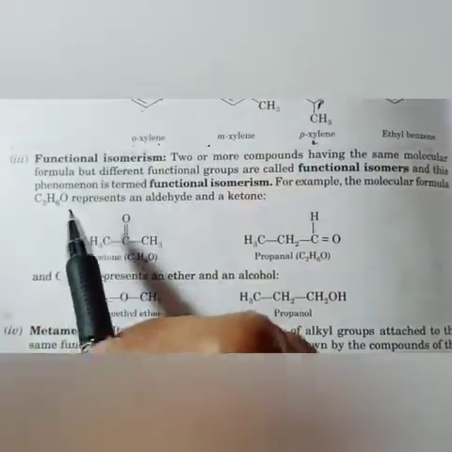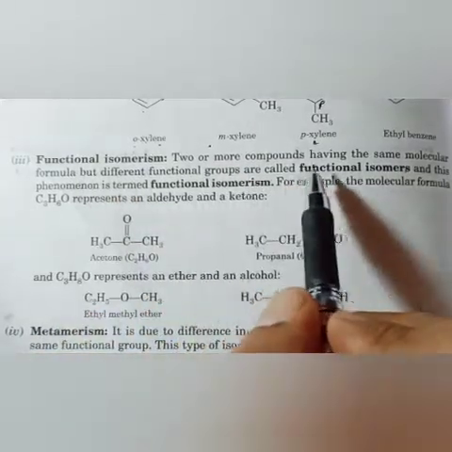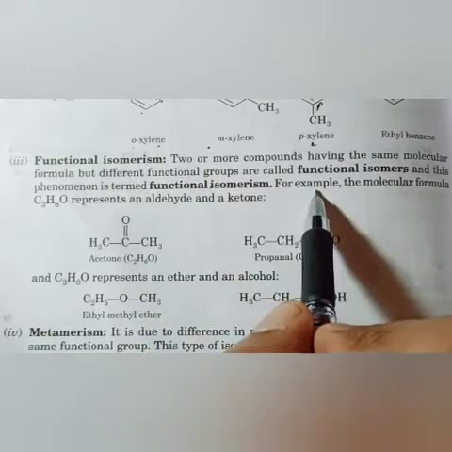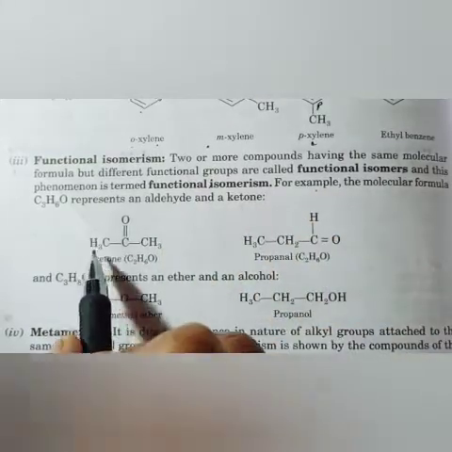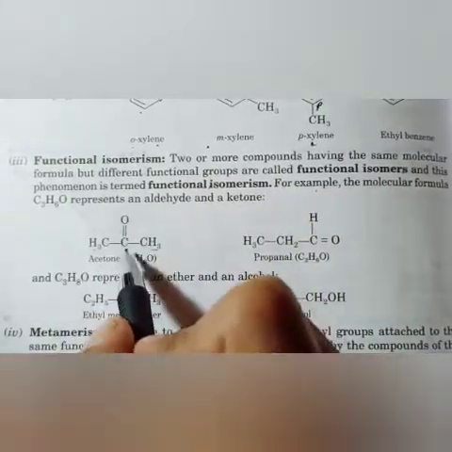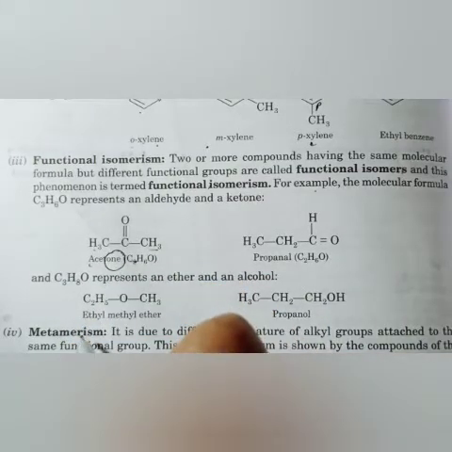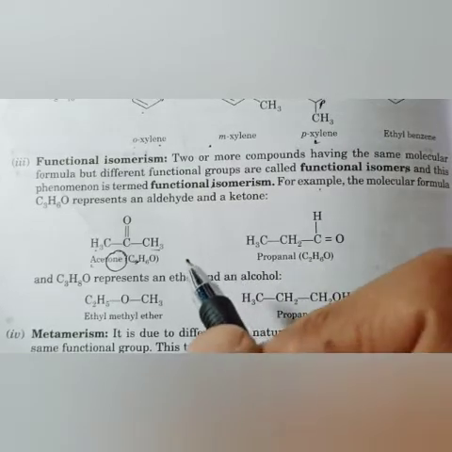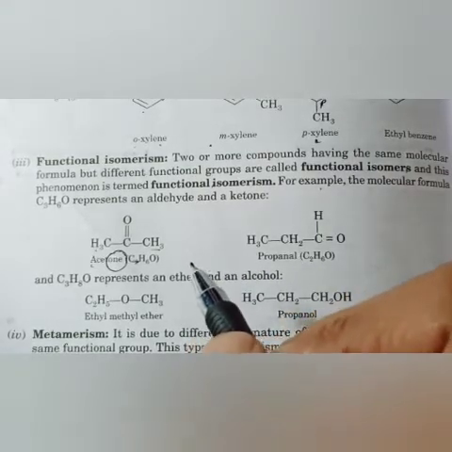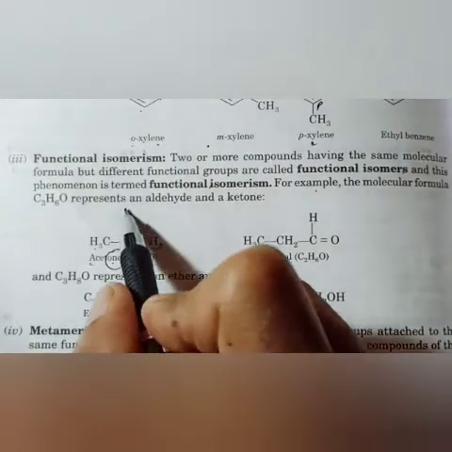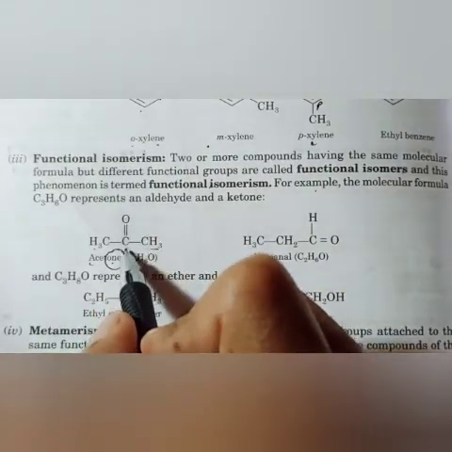The third is functional isomerism. Two or more compounds having the same molecular formula but different functional groups is called functional isomerism. For example, if we take acetone, which functional group is there, dear student? Yesterday I told you there are different types of functional groups: aldehyde, ketone, carboxylic acid. Here there is a double bond O, it means the ketone group.